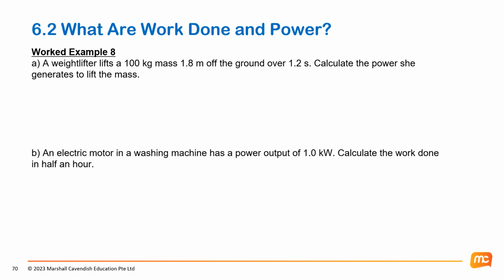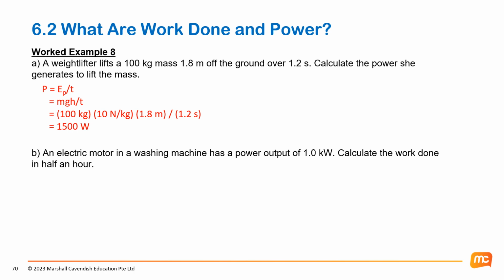So worked example 8, we have a weightlifter lifting 100 kilograms, 1.8 meters off the ground over 1.2 seconds. Calculate the power she generates to do so. Our first way of doing it is power equals energy over time.